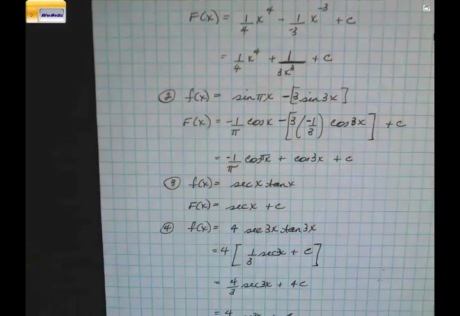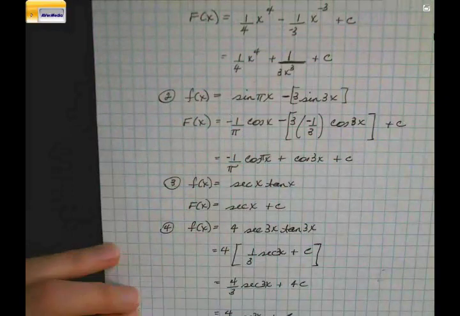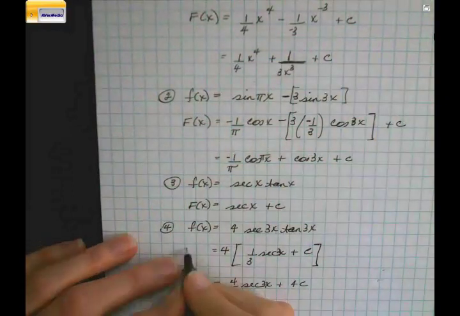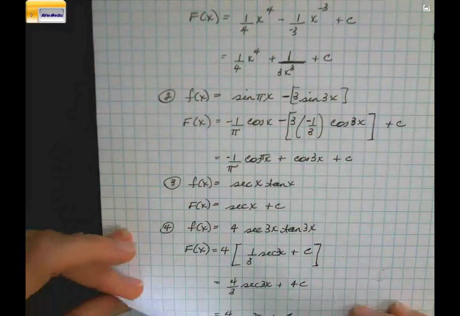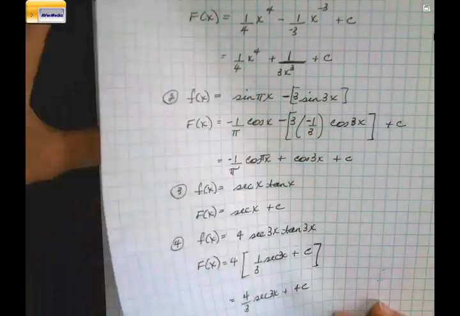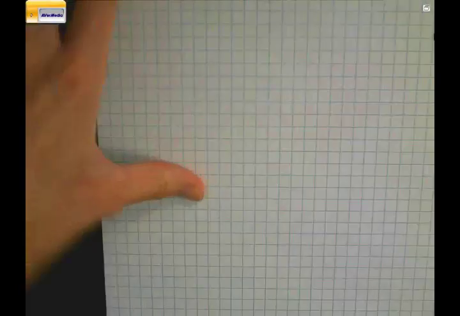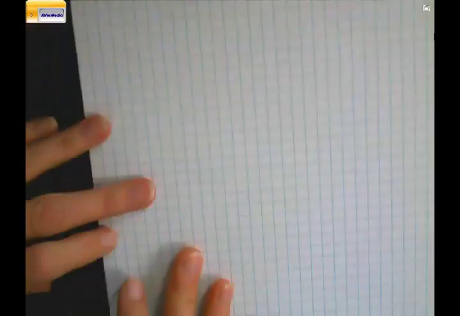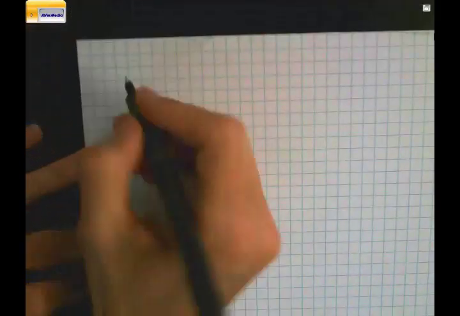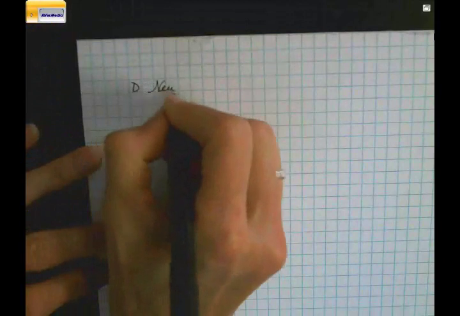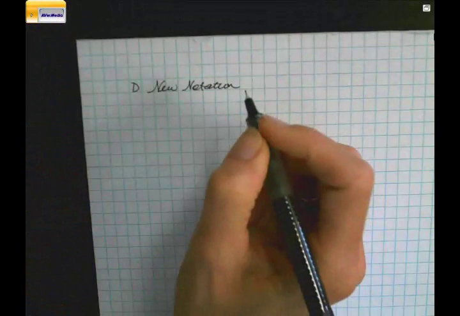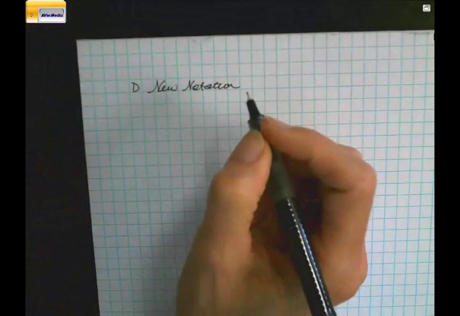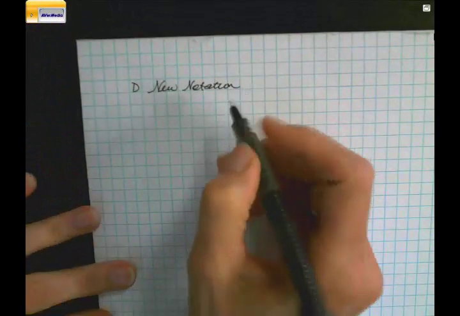Okay, now there is a new notation that you're going to see a lot in the future, and I didn't even write it here. This should be a capital F of x. Okay, so now we have a new notation. This is part D. When we take the antiderivative, it's called integrating.